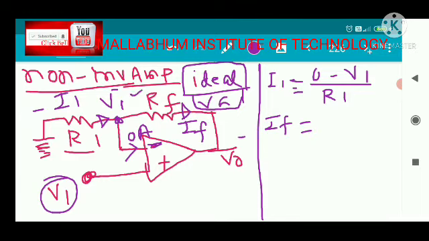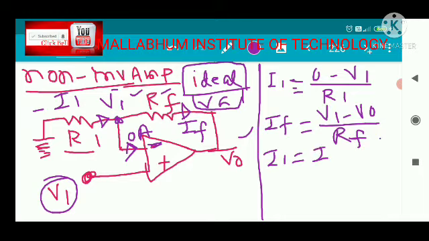Also, as the Opamp is ideal, it does not draw any amount of current. That means 0 ampere current is drawn by the operational amplifier. So, likewise in the previous case, I1 is exactly equal to IF.